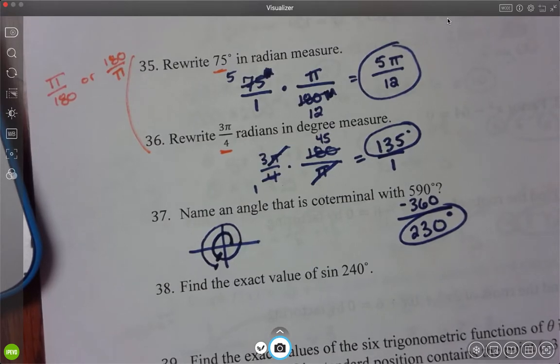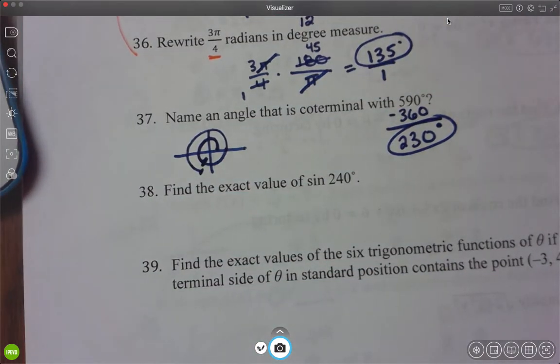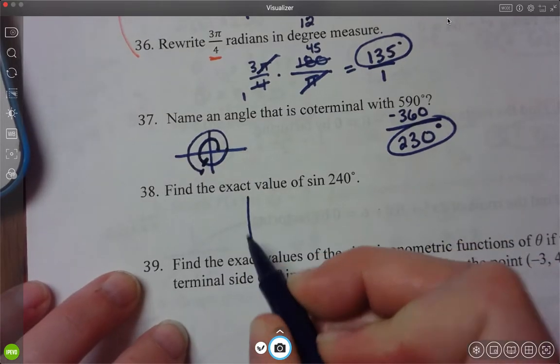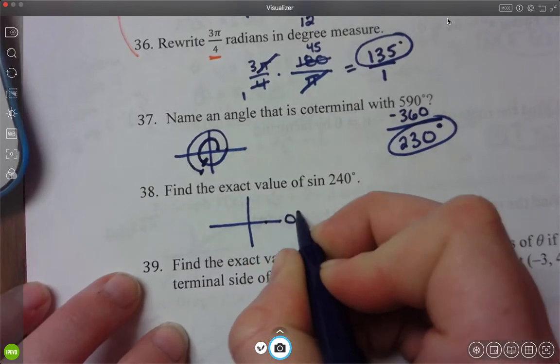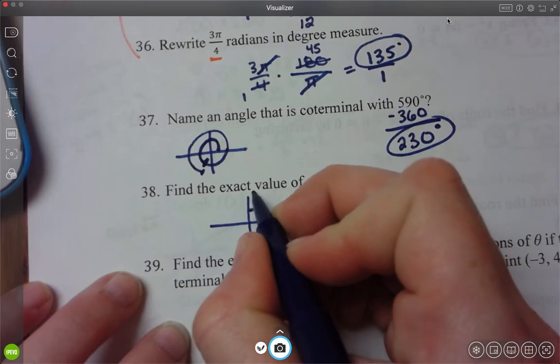Okay, so 38. Find the exact value of sine of 240 degrees. Okay, if I look here, starting here, this would be 0 degrees. If I go from here all the way up to here, that is a value of 90 degrees.